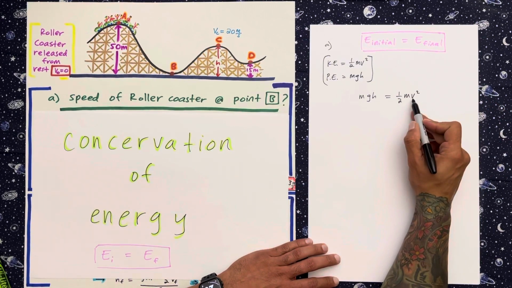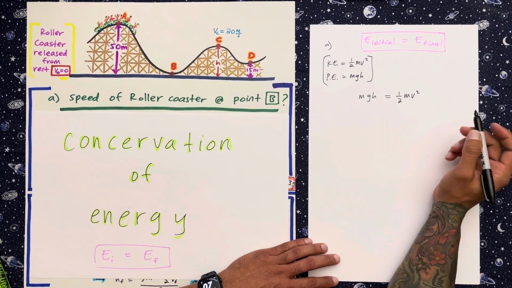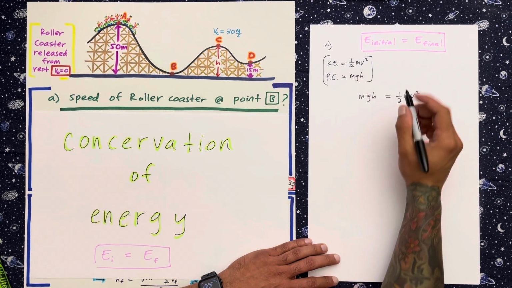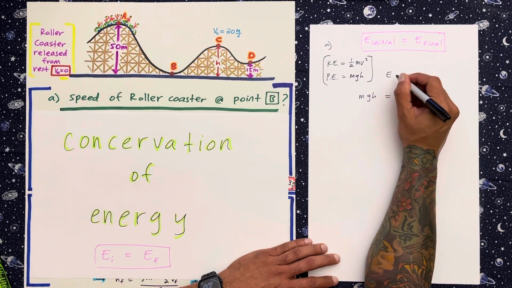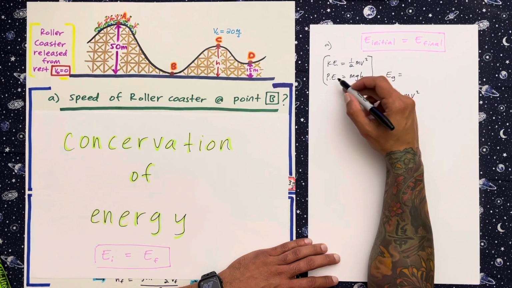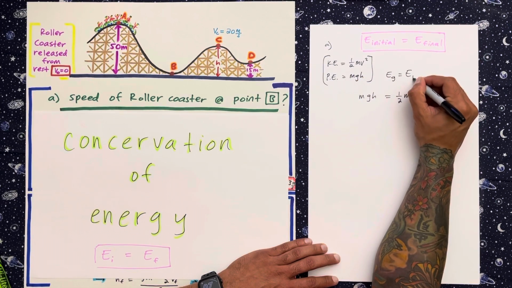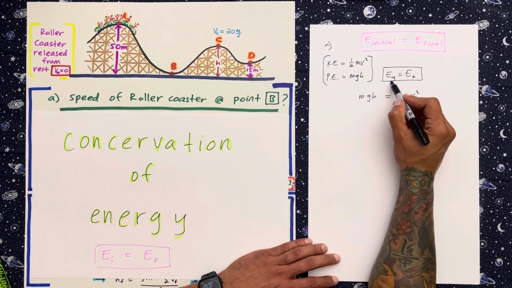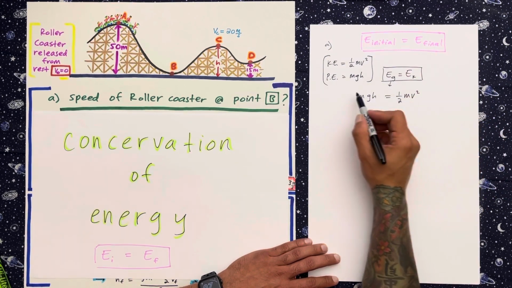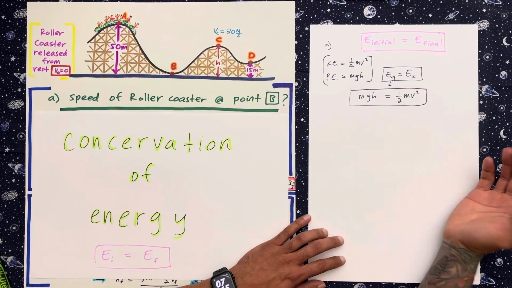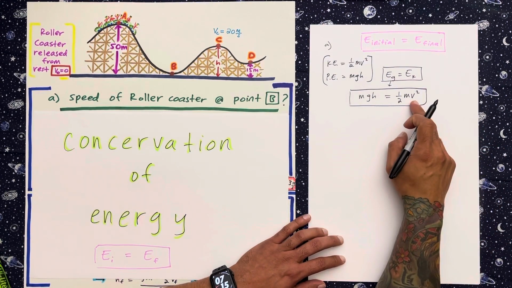All right, and this velocity is at point B. So now we could have also written on top, before, energy gravitational or potential energy, and energy kinetic. This is another way that you might see it, but they mean the same thing. Okay, so now that we have this, let's solve for velocity, because that's what we're looking for, right?